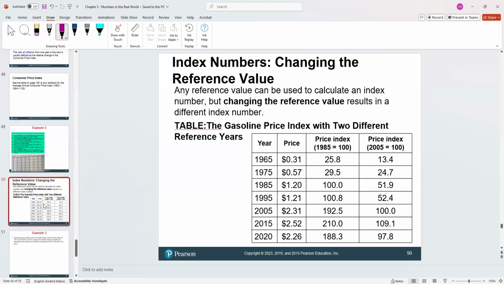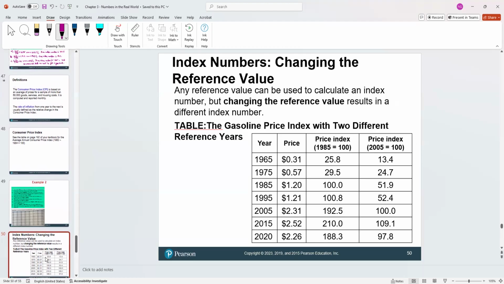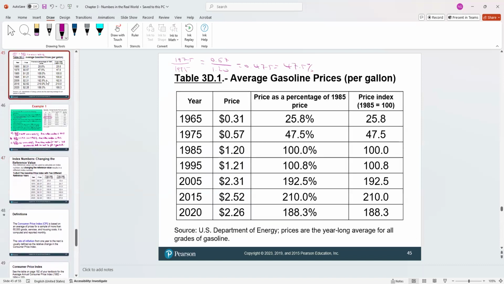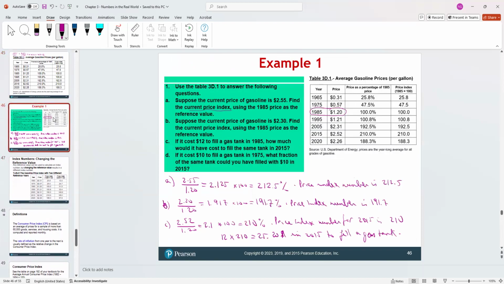I'm sorry that I messed up the slides a little bit, but I'm hoping you understand what we do, because after we use that table, which is the same table I put here, the average gas price.